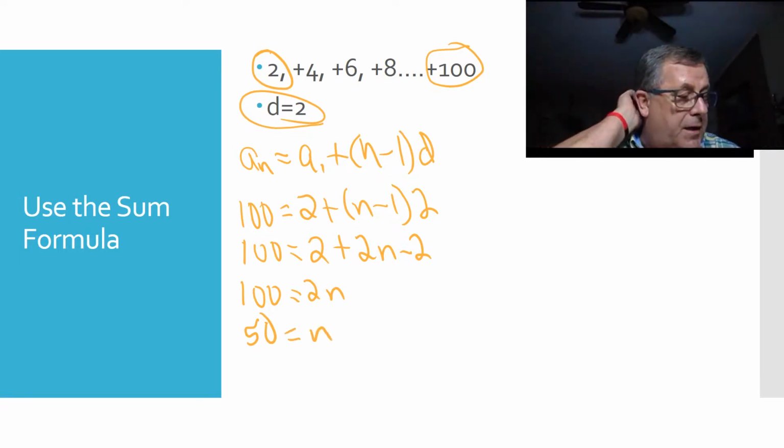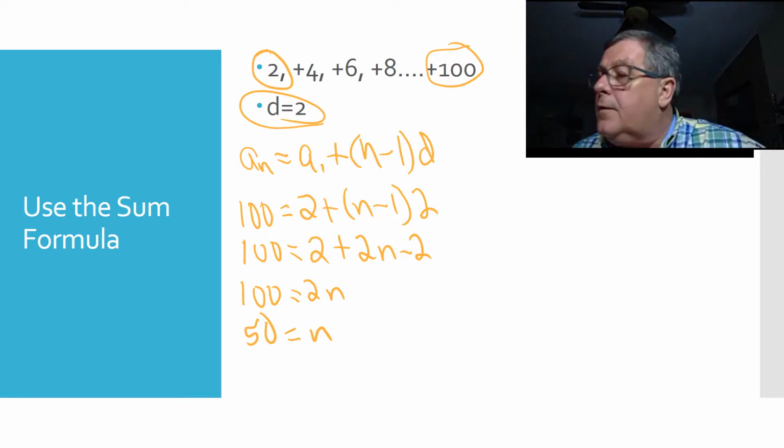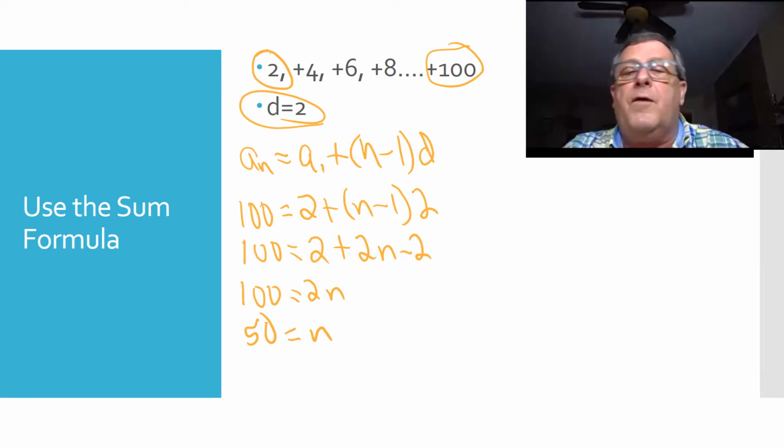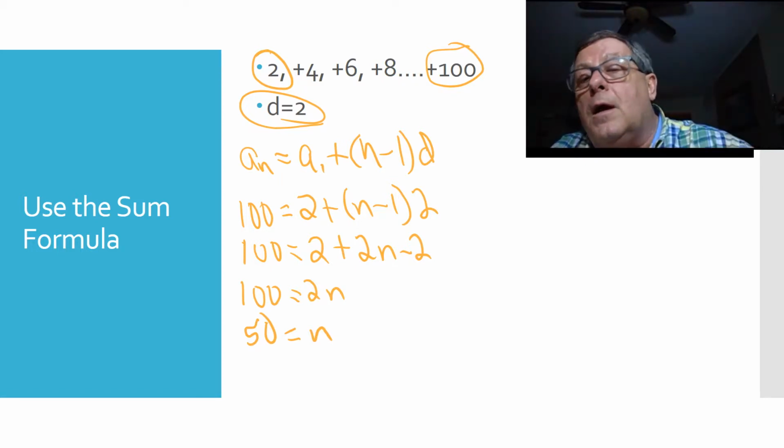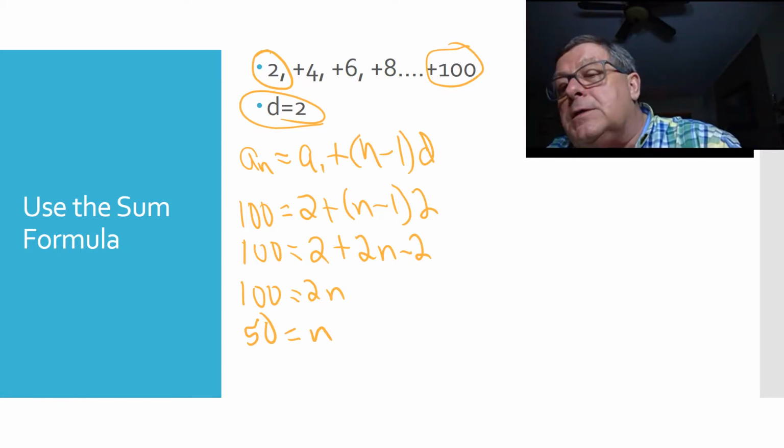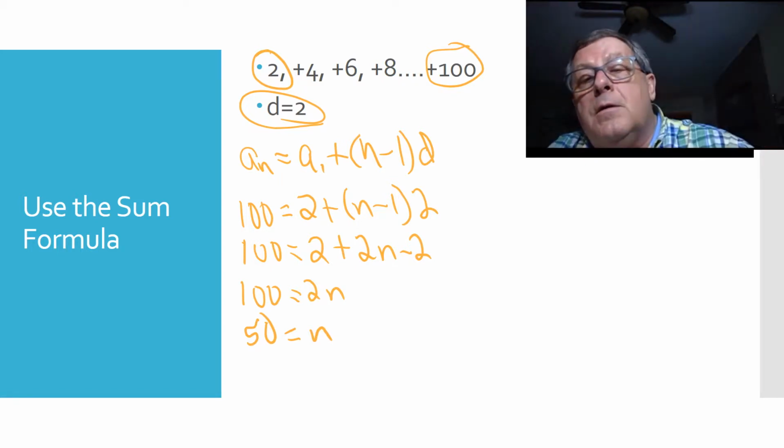We solve for n. Now I can plug it into one of the sum formulas. I think first off I'm going to use the alternate. I don't know why. It just seems like I kind of like it. So let's do this. Let's change colors here. So here is our alternate sum formula.